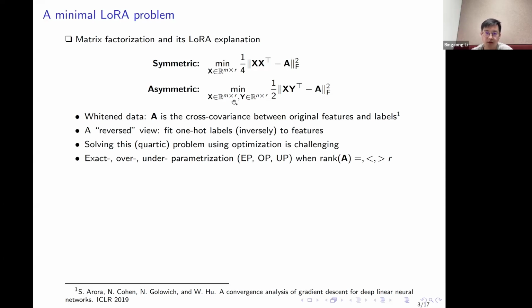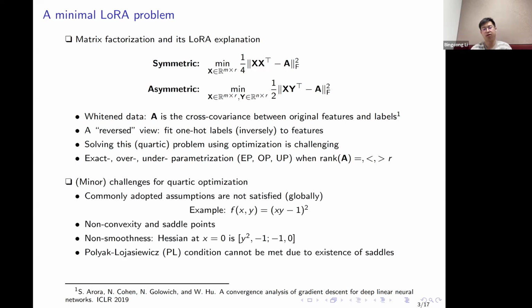And when the rank of x is larger than the rank of A, I will call this problem over-parameterized, meaning that I'm using additional learnable parameters to solve this problem. Similarly, you can define under-parameterization, right? So in different regimes, the behavior of the same algorithm can be quite different. I will talk about this in detail later.